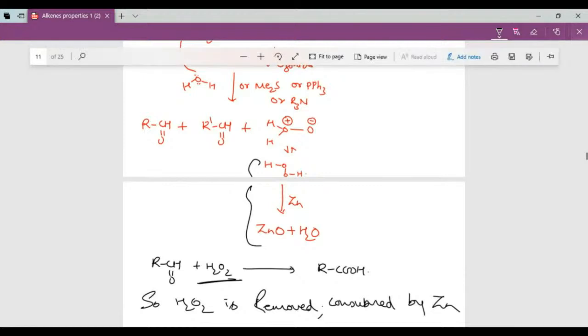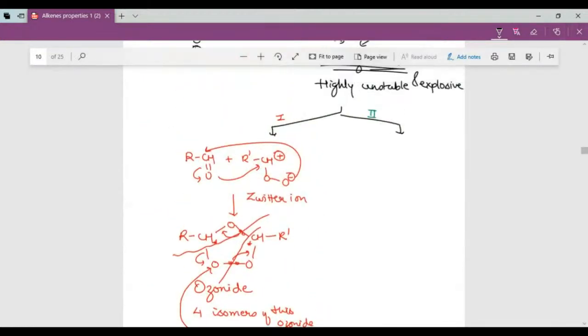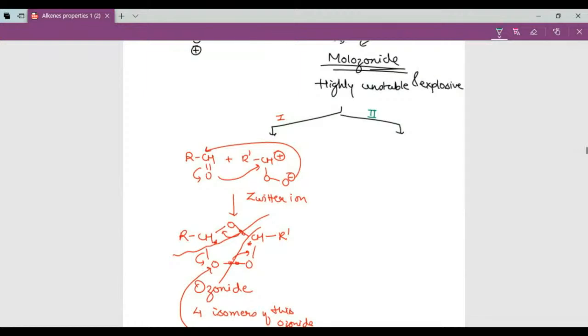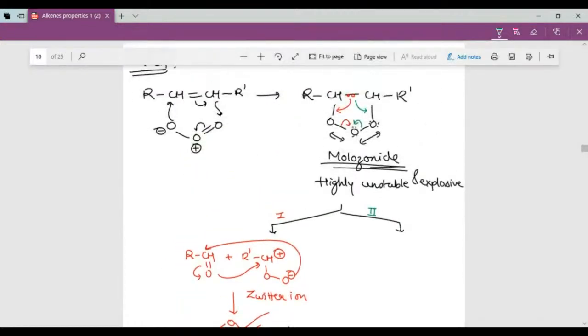Correct? Coming to the other possibility that we left a long time back, what if the other type of bond breakage had taken place, that is the green one, then the Zwitter ion is of the R part and the aldehyde is of the R' part. No other difference. It is overall the same. This attacks here and it attacks here.